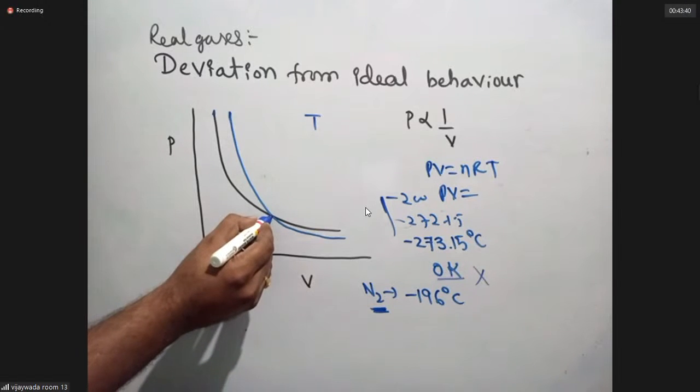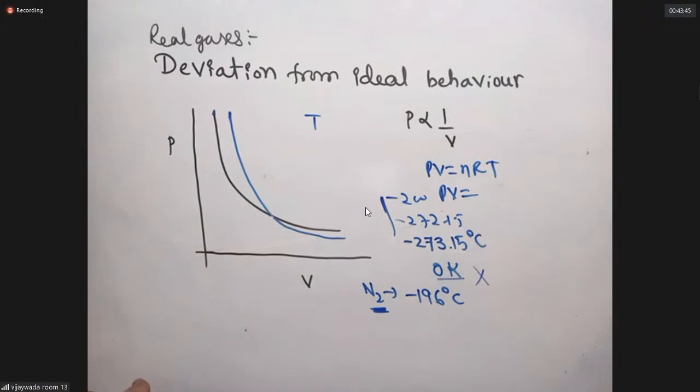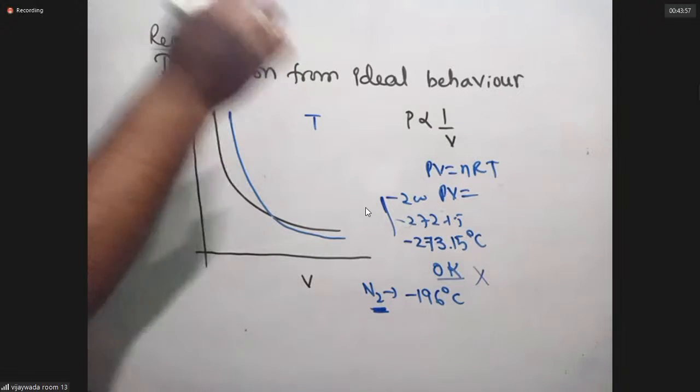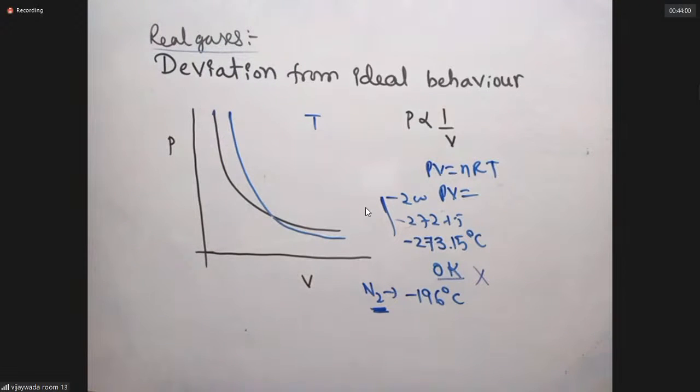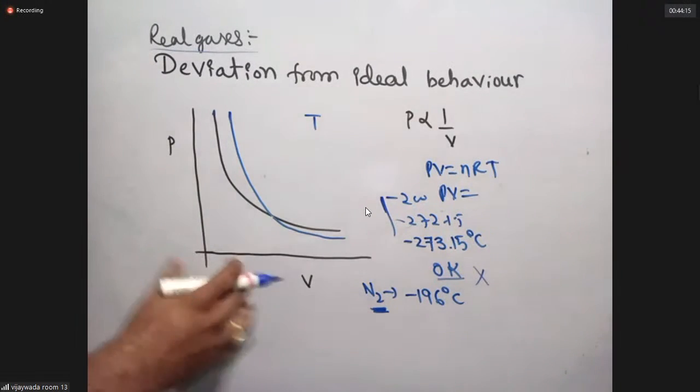Maybe somewhere the gas may match with an ideal gas, but at any pressure, at any temperature, no gas obeys the ideal gas equation, and that is called a real gas. So in the atmosphere, all gases available are real gases, no gas is ideal.